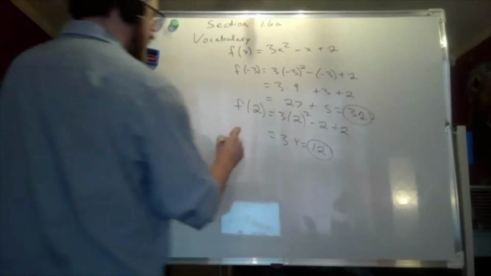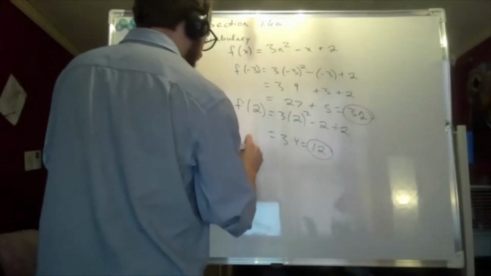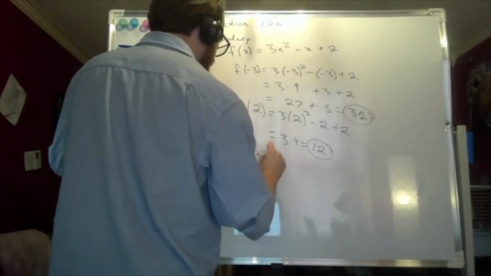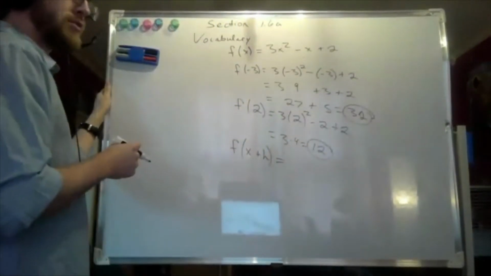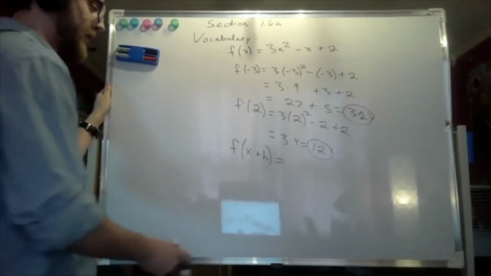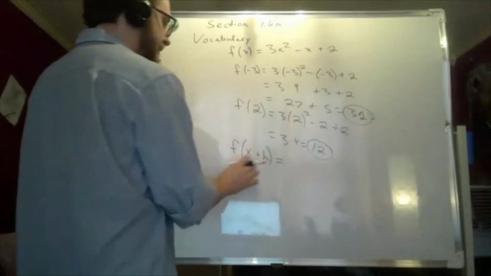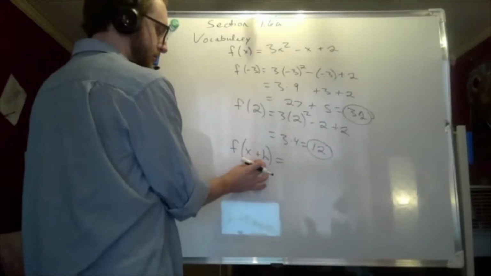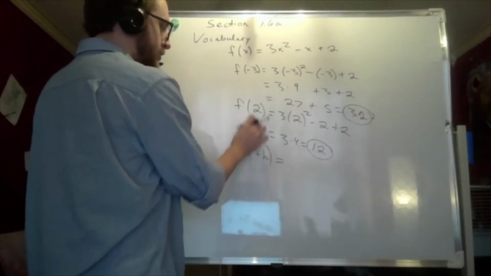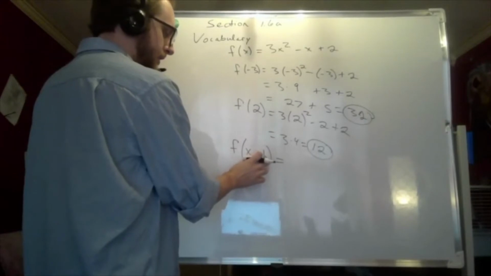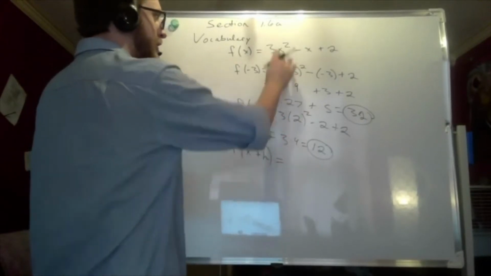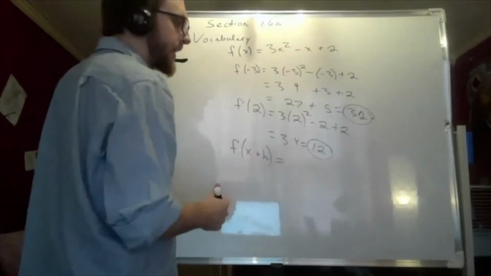Now this last one may look a little foreign, but this is going to become important later, I think towards chapter 3 when we start talking about derivatives. So when we have this f of x plus h, just like we did these other problems, whatever is on the inside, this is your input, and you're going to put it wherever you see an x.